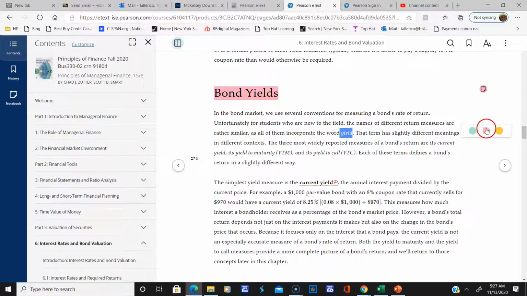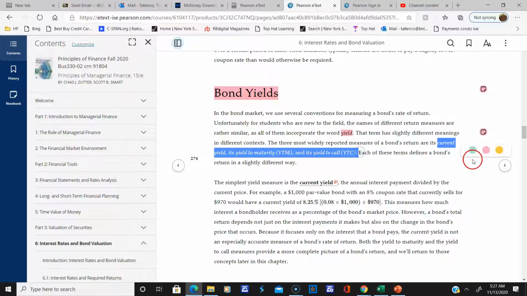There are a lot of different terms, and the term has slightly different meanings in different contexts. The three most widely reported measures of a bond's return are its current yield, its yield to maturity, and its yield to call. And everyone should remember what it means when a bond is called, right? They call it back early so they can redo their interest at a lower rate. They have to refinance their debt at a lower rate.